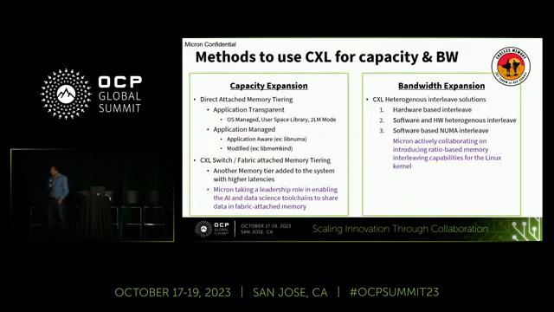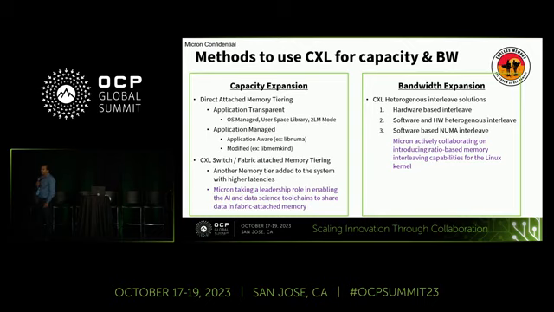And how do you deploy CXL? If you're looking for capacity expansion, let's take the direct attached memory tiering approach. There are several ways you can do it.